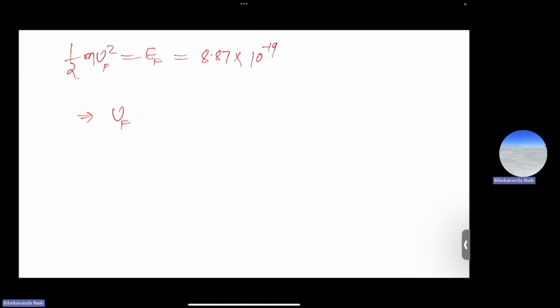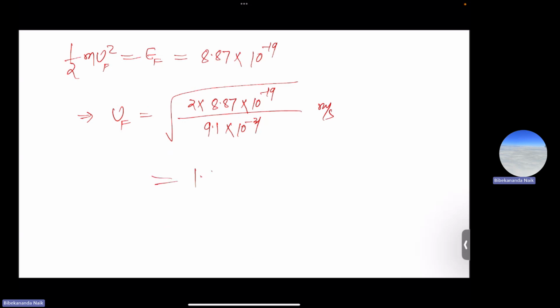That implies Vf equals the square root of 2 into 8.87 into 10 to the power minus 19 divided by 9.1 into 10 to the power minus 31, meter per second. So it will be 1.396 into 10 to the power 6 meter per second.